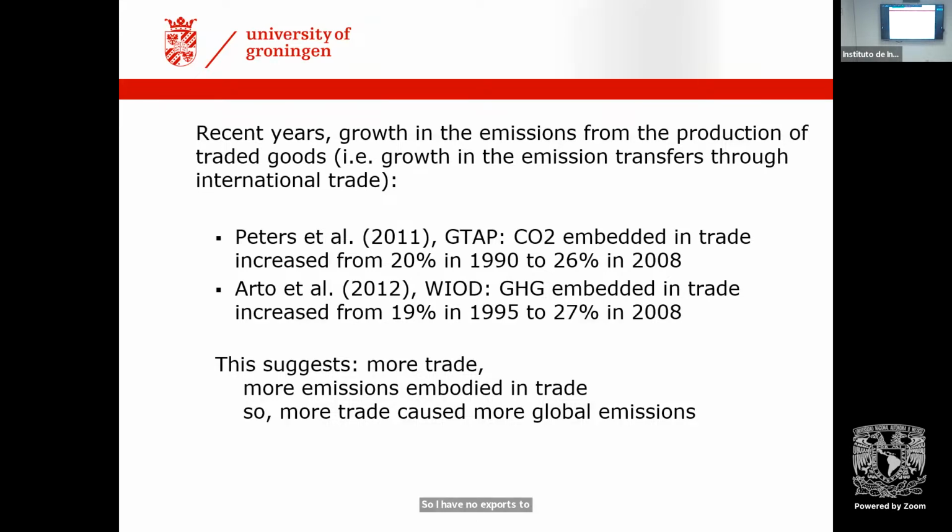In that case, obviously, there cannot be any emissions in my exports to you, by definition, because there are no exports. But we do have common friends with whom we trade. So it is possible that my emissions end up in your consumption pattern because we trade with a common friend. And that's the difference between emissions in exports, zero, and exports of emissions.